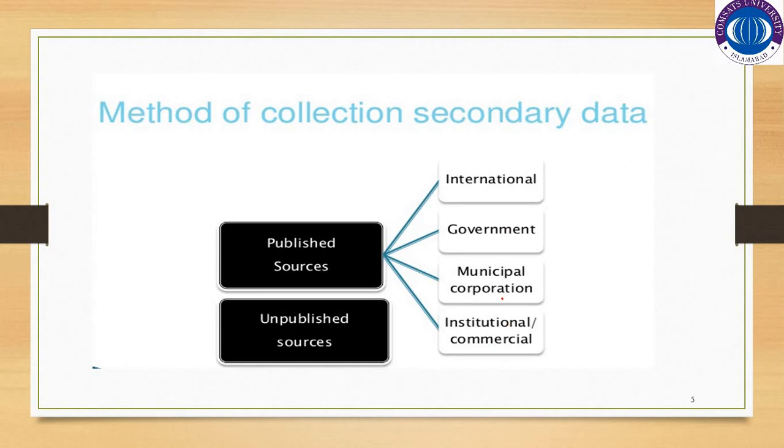Unpublished sources are like when you ask someone who knows about the information to tell you about that particular thing. So this is the unpublished source. Published sources are either international, government, municipal corporation, institutional, commercial, etc.